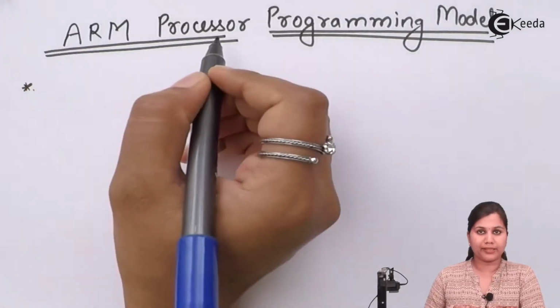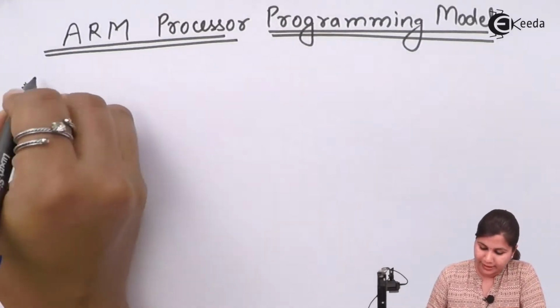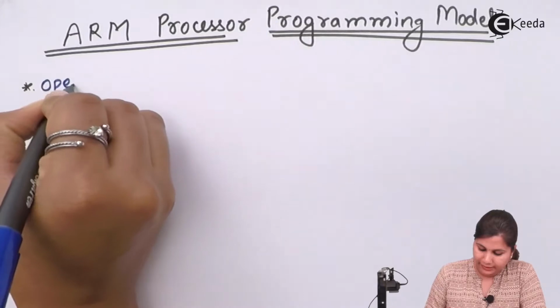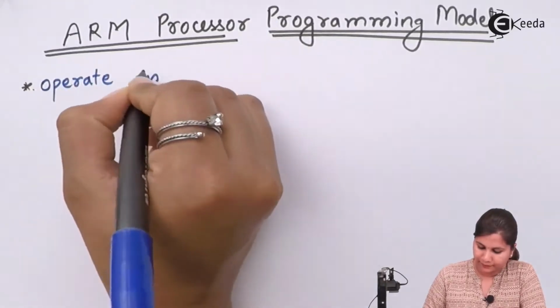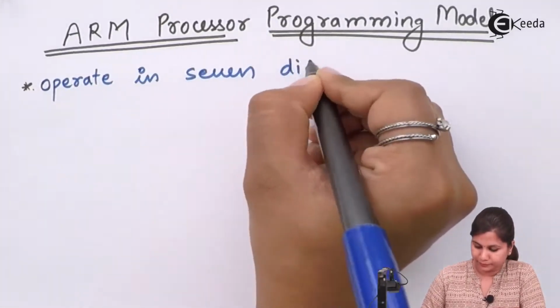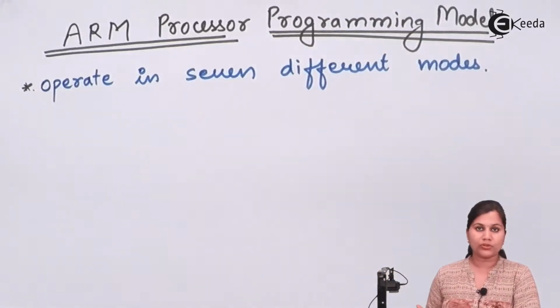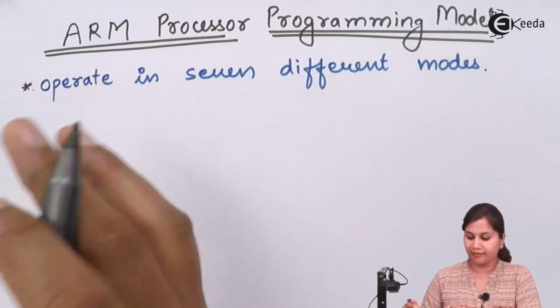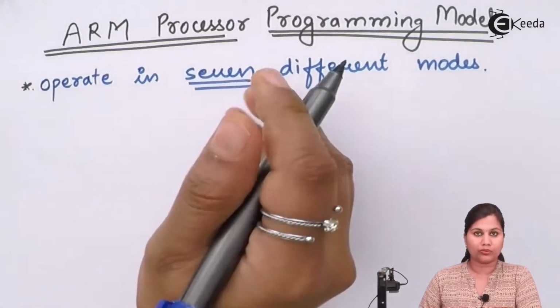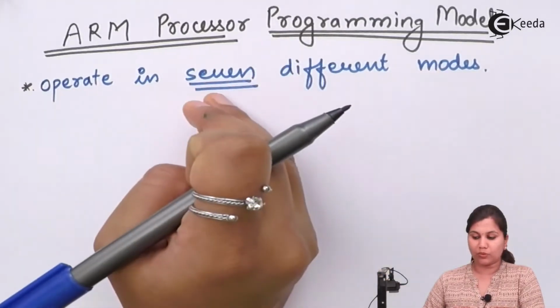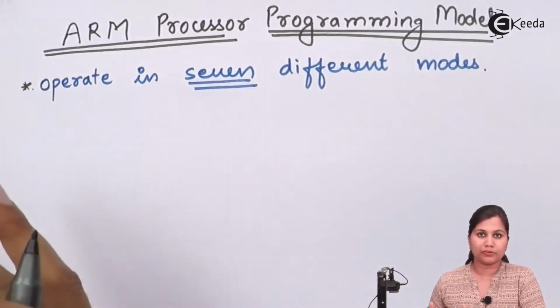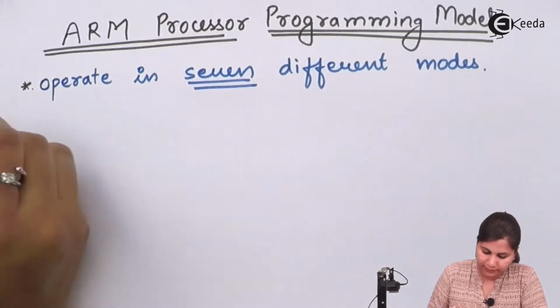Now this ARM processor can operate in different modes. There are 7 programming modes of the ARM processor. According to these modes, the registers of the processor will be used.